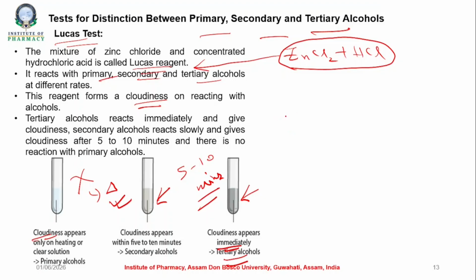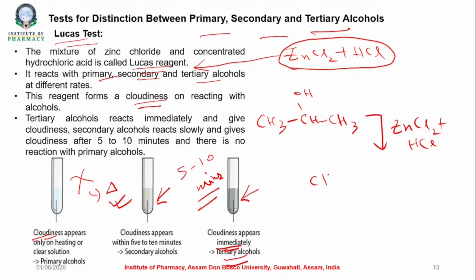If we see one example, let us take the example of a secondary alcohol. We have this, and then we react it with Lucas reagent.